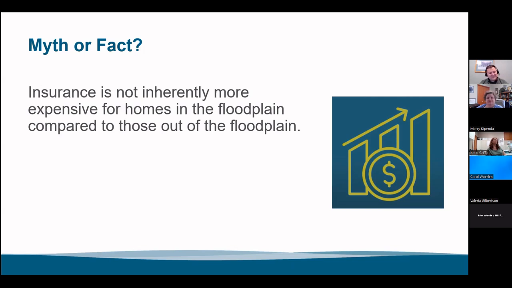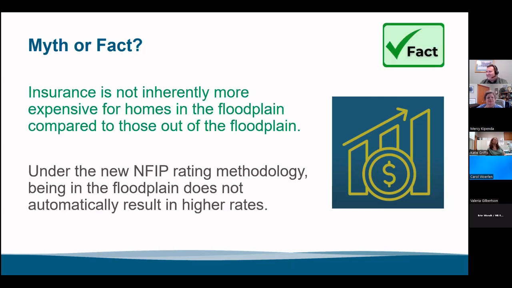Okay, let's answer this question before I keep going. This is a fact. Under the new rating methodology, insurance is not inherently more expensive just because you're in the floodplain versus out. Under the legacy methodology, that's how it worked. If you were in the floodplain, you might be paying 3 times more than somebody who was not in the floodplain, and that might be a difference of 20 feet.